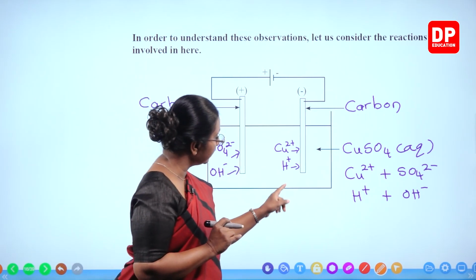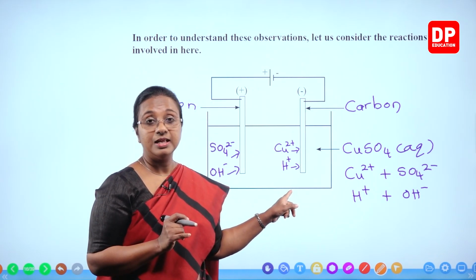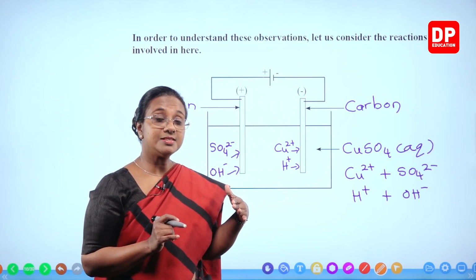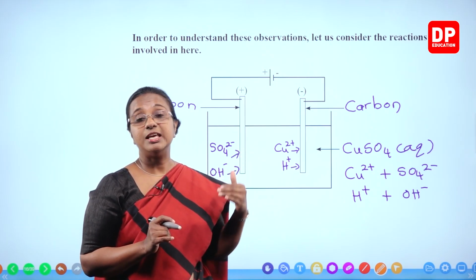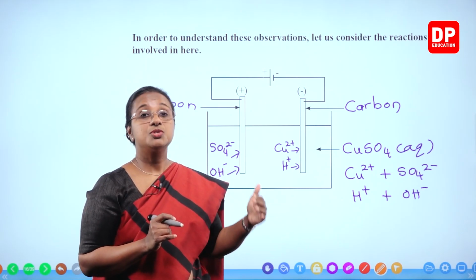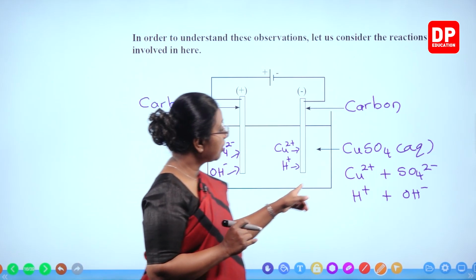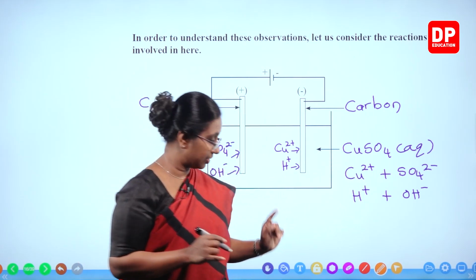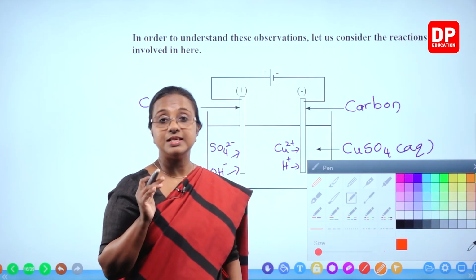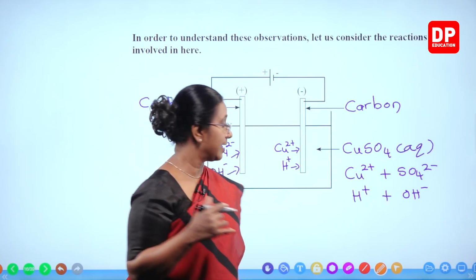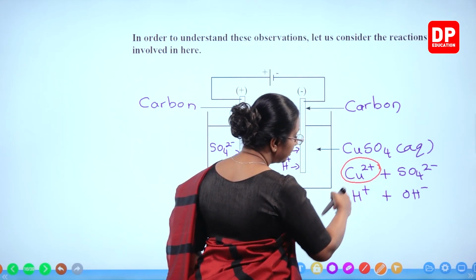Then what do we need to consider? You need to look at the two metal ions, hydrogen ion and copper ion. Consider the activity series. I am sure you all can remember, after hydrogen only we have copper. So copper is less reactive. That means copper will undergo reduction. So there you have to remember copper, because it is less reactive than H+ ions, copper will undergo reduction, not hydrogen.